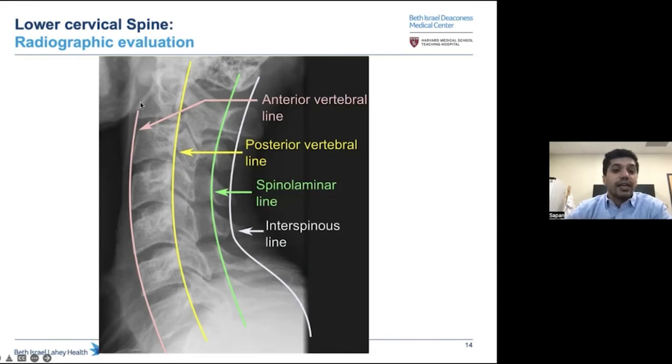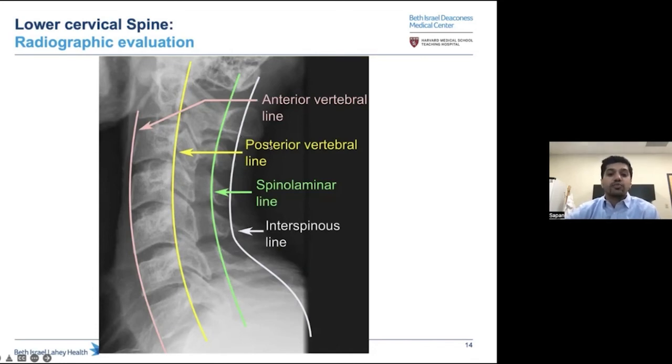So the anterior vertebral line is the smooth line that connects the anterior part of the vertebral body. It should be a nice smooth line just like this. The posterior vertebral line does something similar on the posterior border of the vertebral body. The spinolaminar line is the junction between the spinous process and the lamina, and that also should be a smooth C-shaped line.